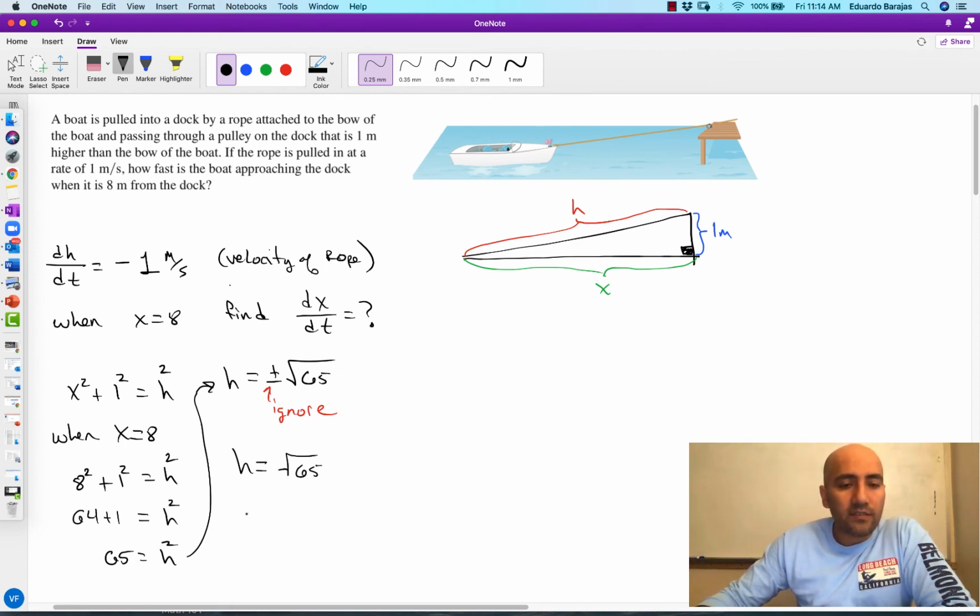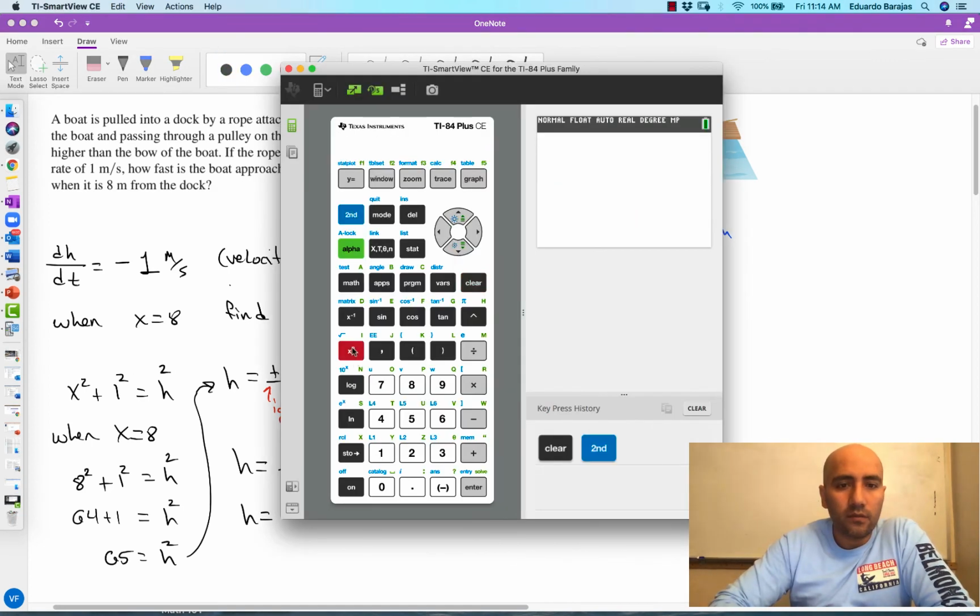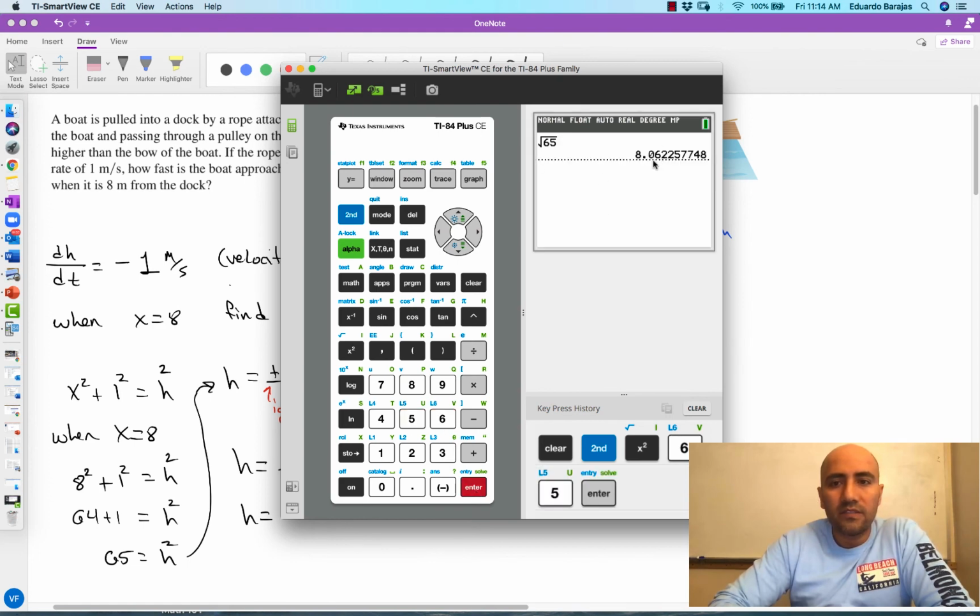And so at this point, h equals root 65. We can turn it into a decimal just to get an approximation of what this is. So it's a little bit more than 8, 8.06, we'll say.